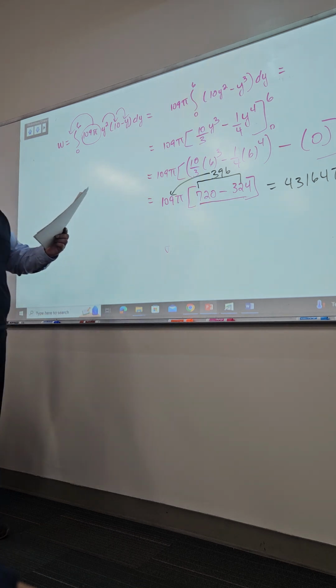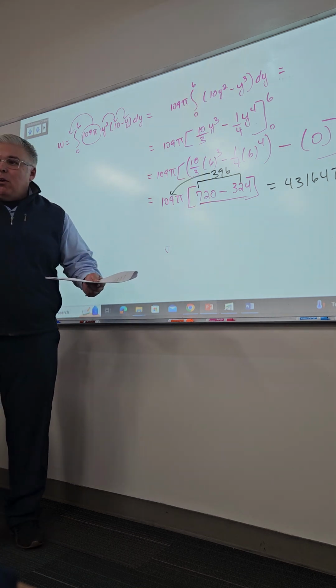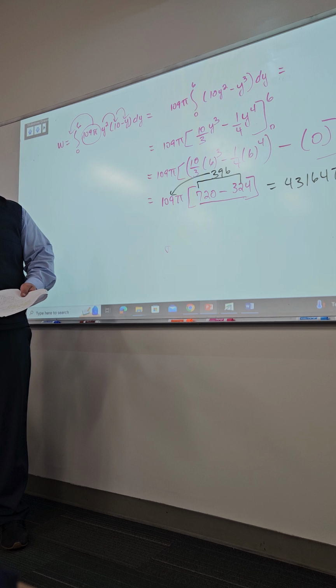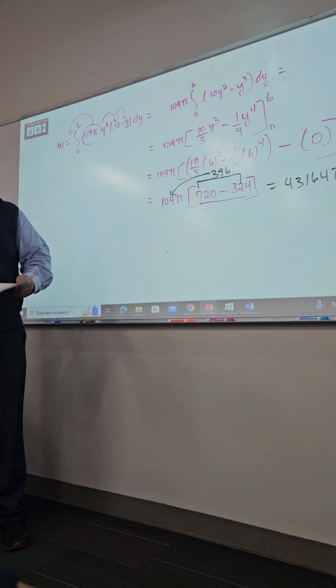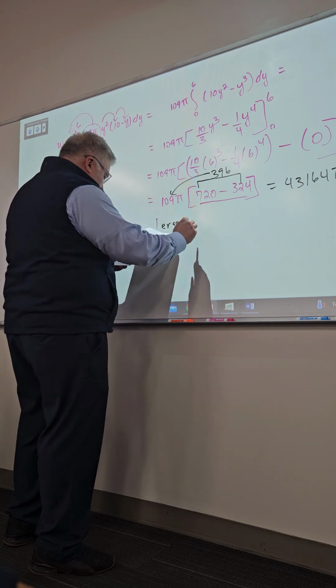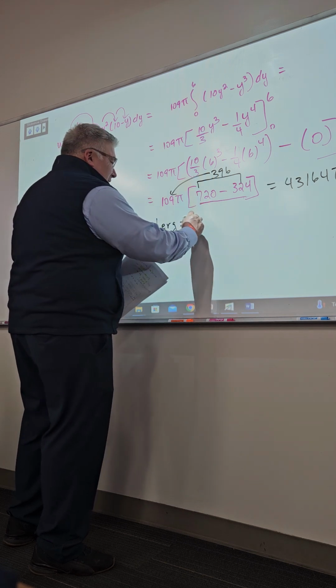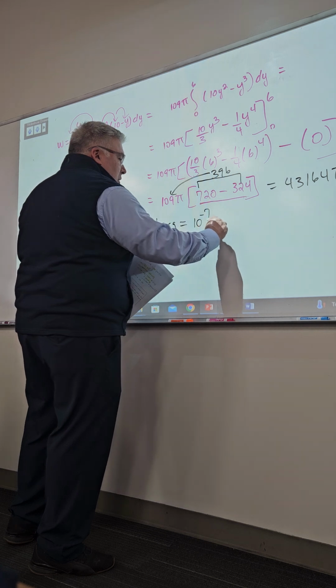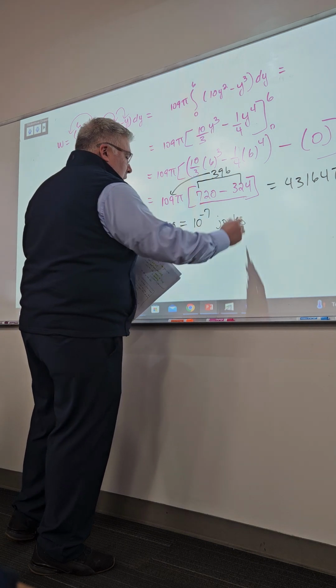But they want this in joules, right? You ain't gonna say erg, right? So you have to convert it to joules. So we know that 1 erg is equal to 10 to the negative 7 joules.